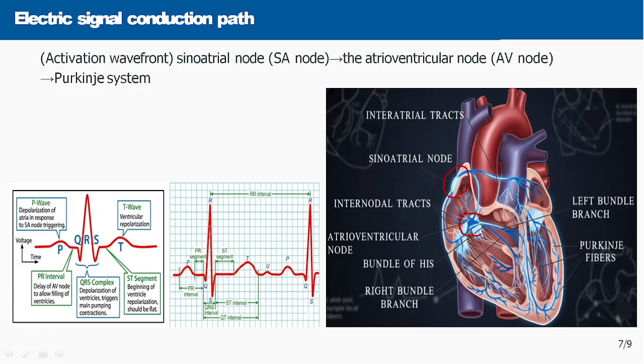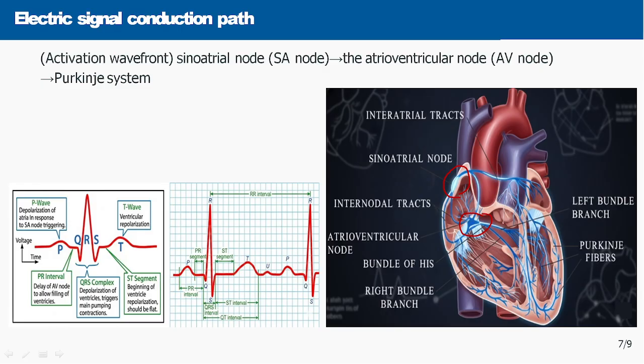Then from the atrioventricular node, through the Purkinje fiber system, it spreads over the whole heart muscle, and it ends at the bundle. So, this is the electrical signal conduction path.